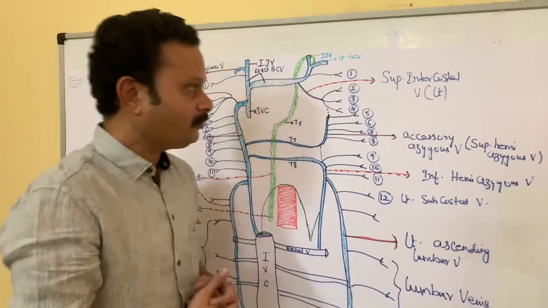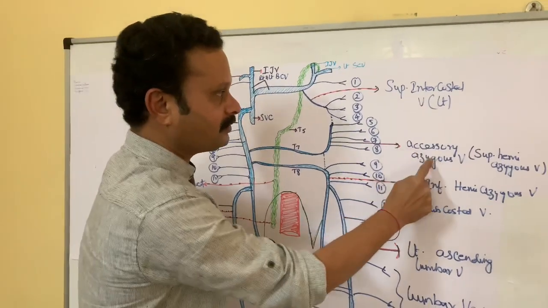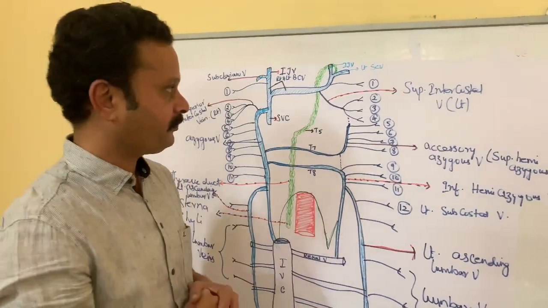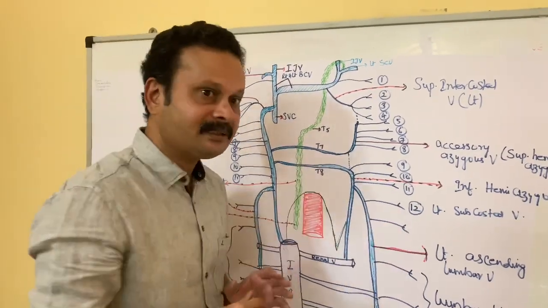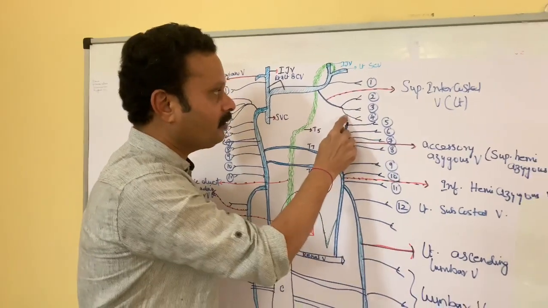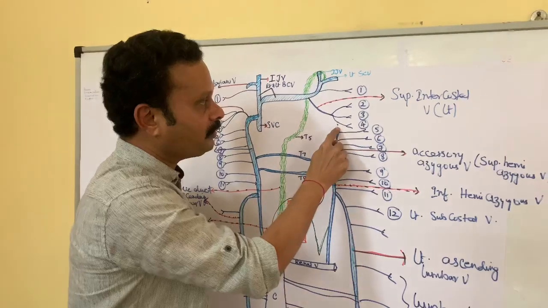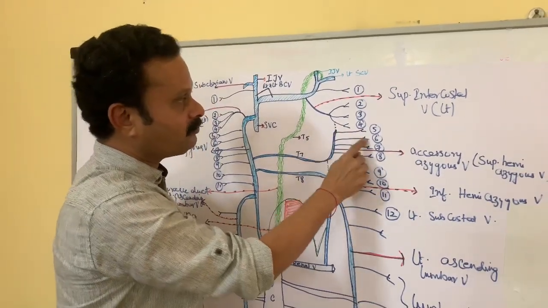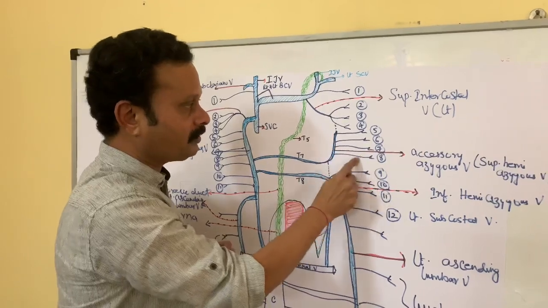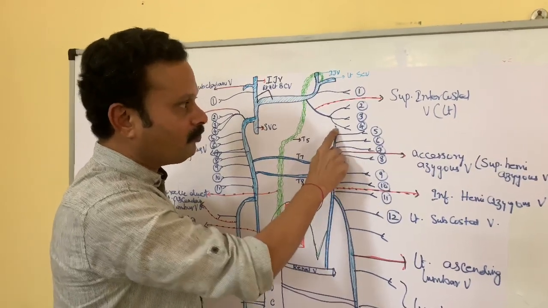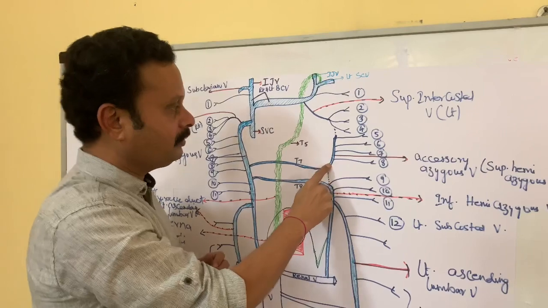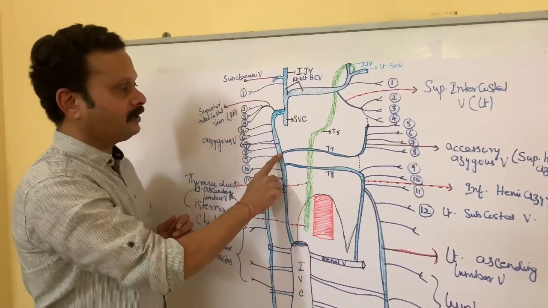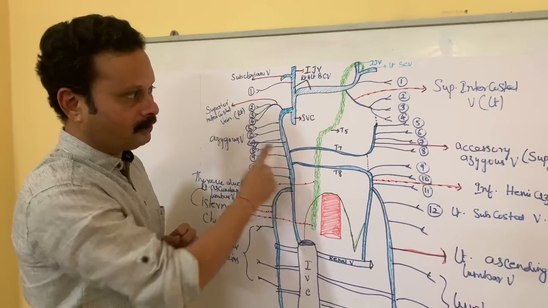The third vein belonging to the system is the accessory azygous vein or superior hemiazygous vein. This is said to be a continuation of the left posterior intercostal vein, receiving venous blood from the 5th, 6th, 7th and occasionally 8th to form the accessory azygous vein, which at the level of T7 ends at the azygous vein proper.